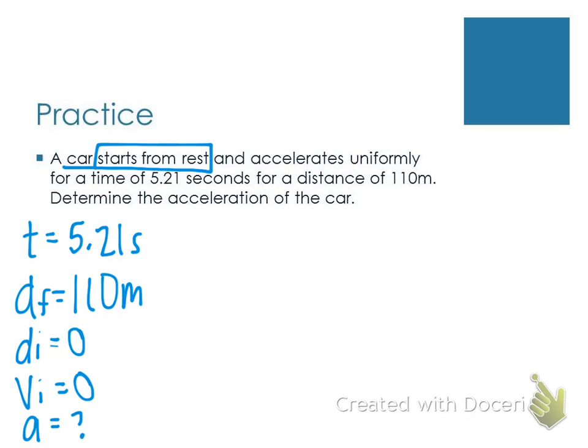Okay, so let's take a look at our equations. First of all, let's take a look at what we have and which equation we can use to solve for that. The first, second, or the third. What do we think? The second equation, df equals di plus vit plus 1/2 at squared. Why do we think we have to use that equation?